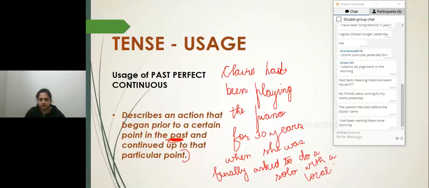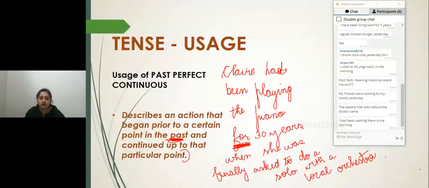Okay, this is my example. I had been waiting here since morning, correct? Claire had been playing the piano for, usually I've told you, perfect continuous uses for and since, you will see, for 30 years, when she was finally asked to do a solo with a local orchestra.